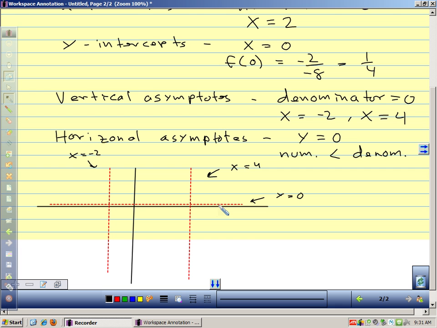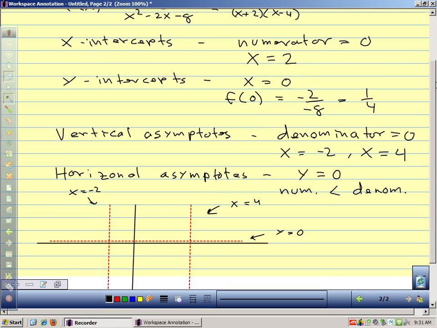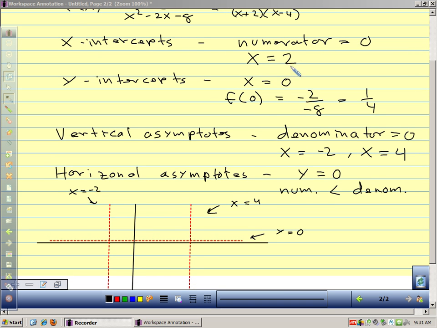That's why we need to, one, plot our intercepts, and two, find some additional points. So our x-intercepts, we're only at x equals 2. So I'm going to say, we'll go out here, and here's an intercept at x equals 2. And we have a y-intercept at y equals 1/4.